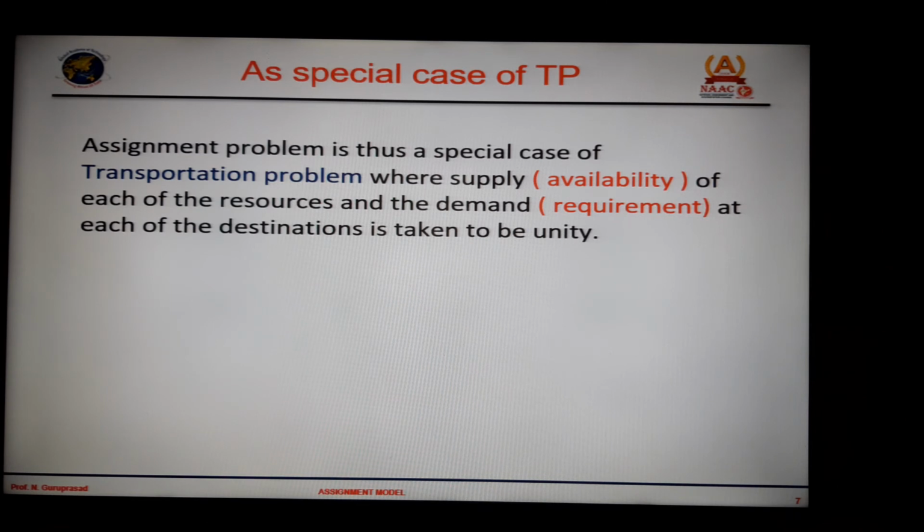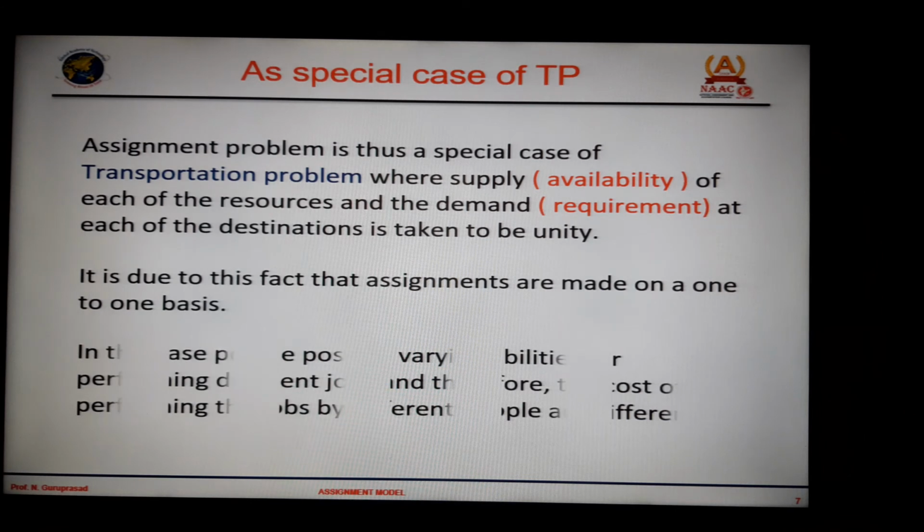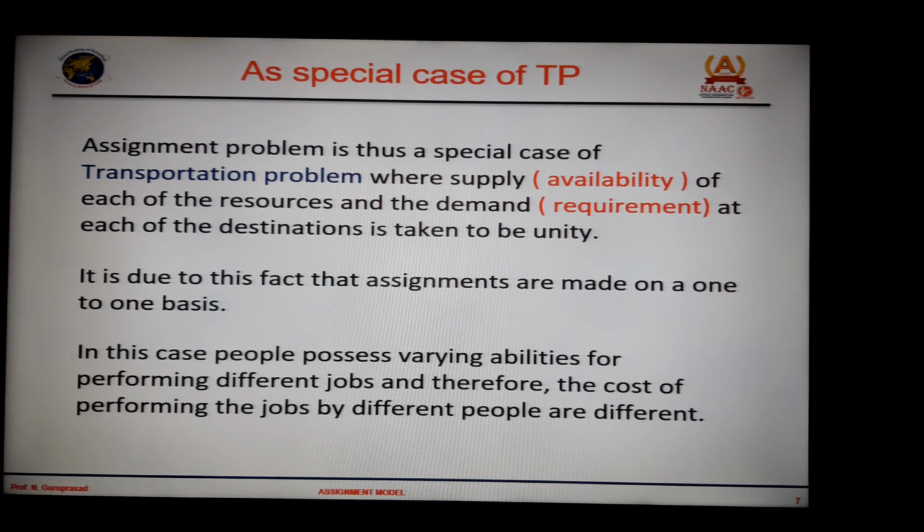That is what I said, one teacher will end up taking one subject. It is due to this fact that assignments are made on a one-on-one basis. In this case, people possess varying abilities for performing different jobs, and therefore the costs of performing the jobs by different people are different.